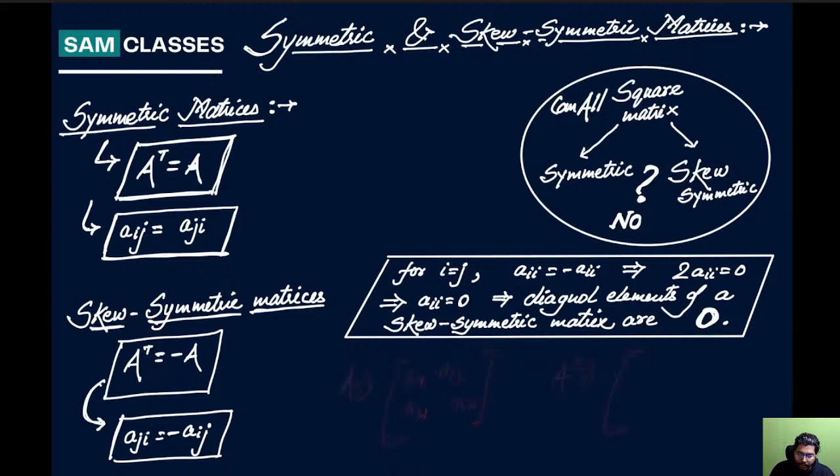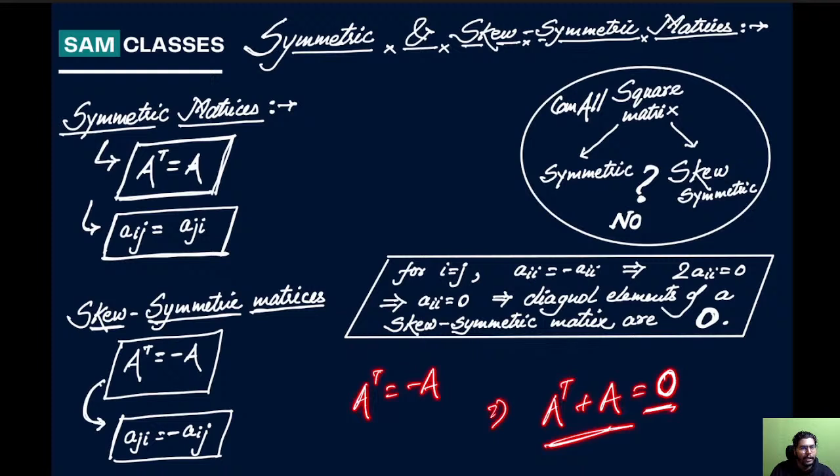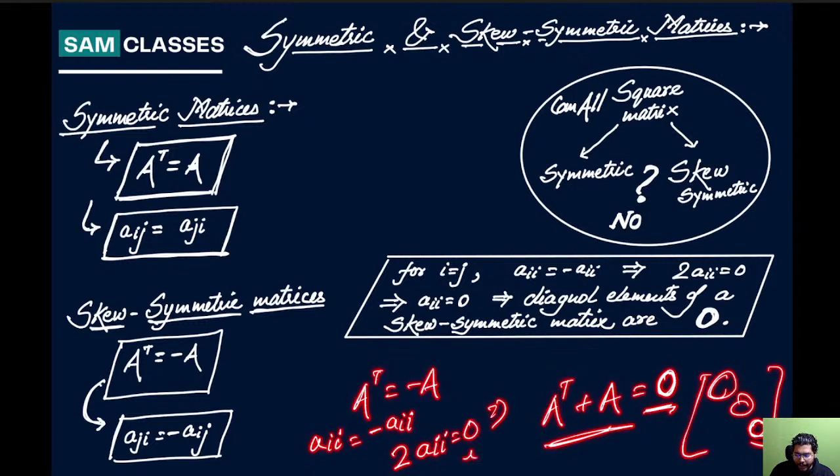So if you see the diagonal elements, A transpose equals minus A. If I bring it over and add A transpose plus A, it has to be 0. So if that is 0, it means all the diagonal elements will be 0. Why? Because A of i,i will be equal to minus A of i,i, for i equal to j. So if you bring both to one side, twice A of i,i will be equal to 0. So A of i,i will be equal to 0 only.